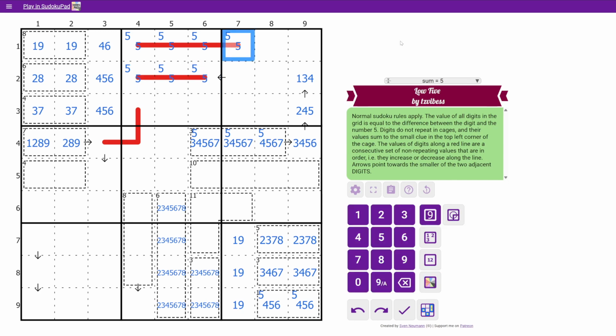So that makes a 5 go here, because we need value 0 again here with a 1 and a 2. So it'll get a 4 or a 6 and a 3 or a 7. Those are all the possible values.